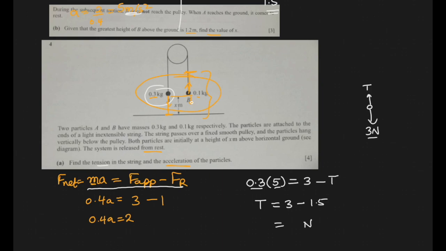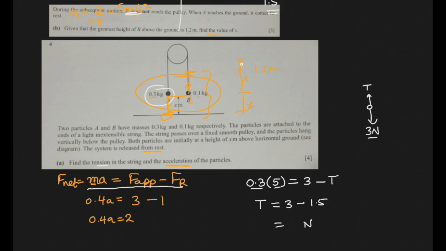What they mean is this: it went X up by the time A hit the ground, right? But since B is going up, it will still keep on going up, and then it achieves a height of 1.2 meters. When A has reached the ground, the weight B will still keep on going, and that becomes our X plus something more.